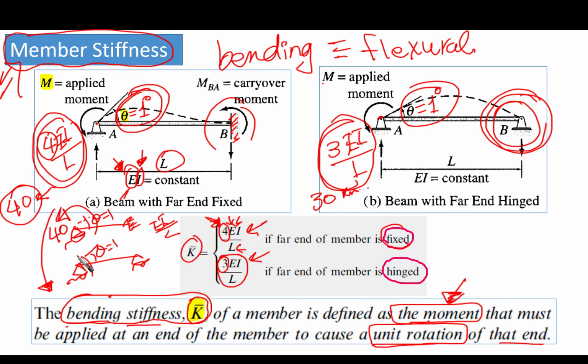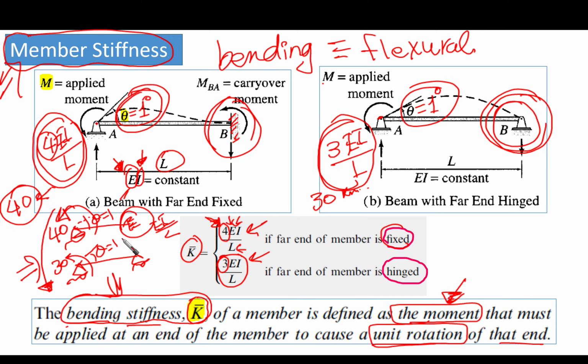However, I need here only 30. This means that if the far end is fixed, I need to exert more energy, right? This is an intuition that you need to add to your understanding of structural analysis: the fixation and the boundary condition make some difference, especially for the bending stiffness of the structure.